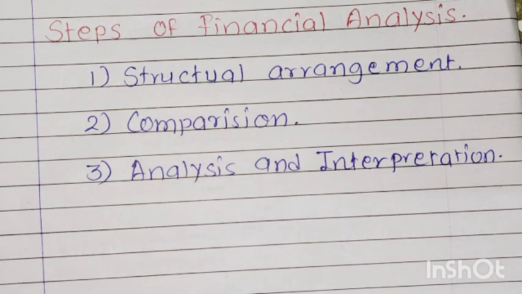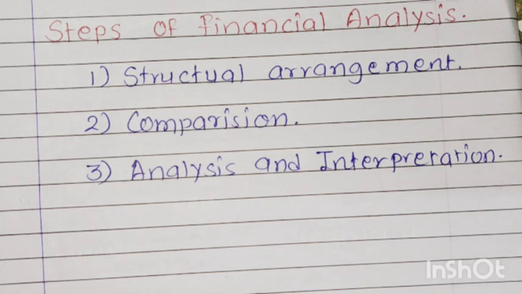Next, analysis and interpretation. The third stage of financial analysis is analysis and interpretation. Under this stage, an attempt is made to explain information in quantitative manner along with qualitative form. Analysis means appropriate examination or evaluation of information where information is categorized into different components and their relationship is tested.